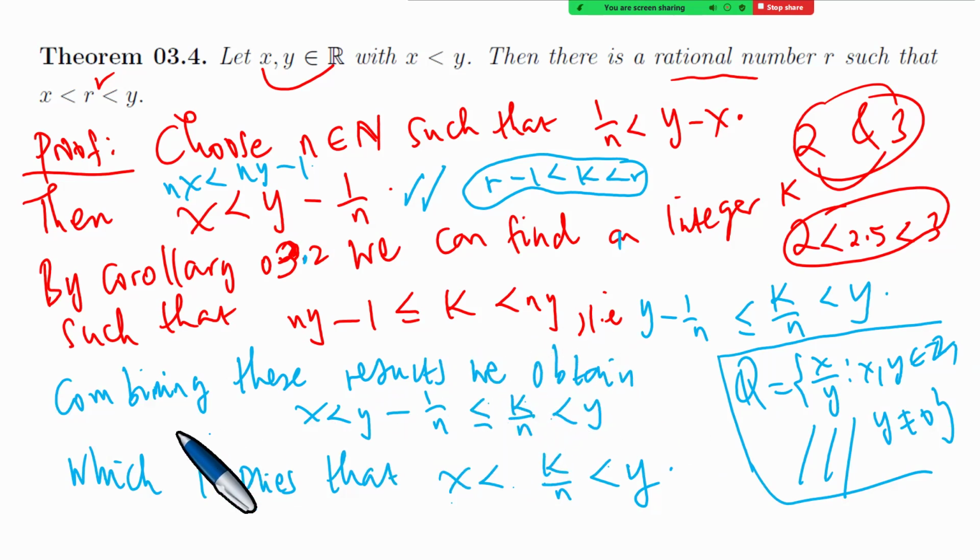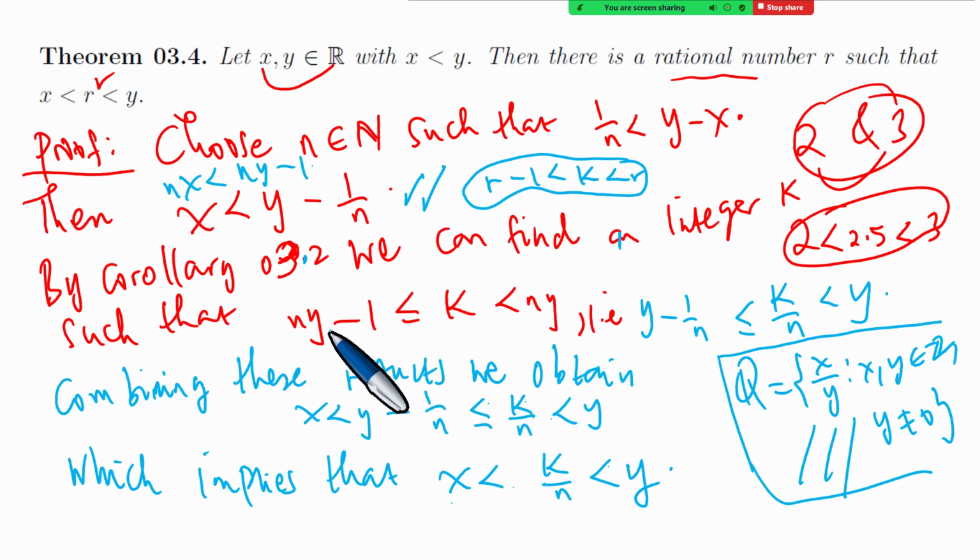Combining these results, you obtain x less than y minus 1 over n, less than or equal to k over n, less than y. Let us look at combining these results and the implications.